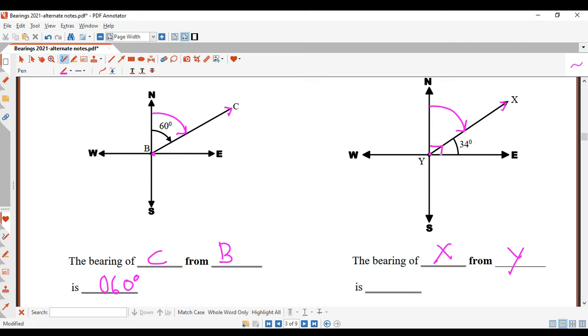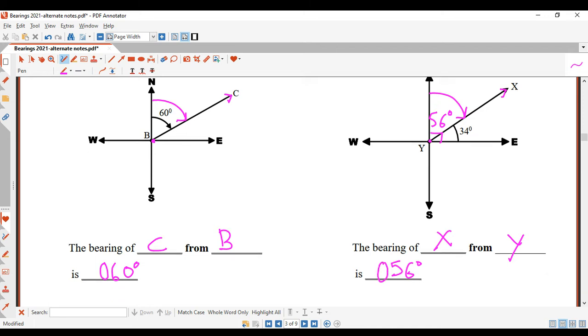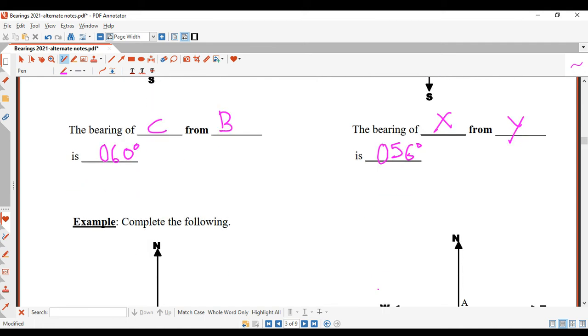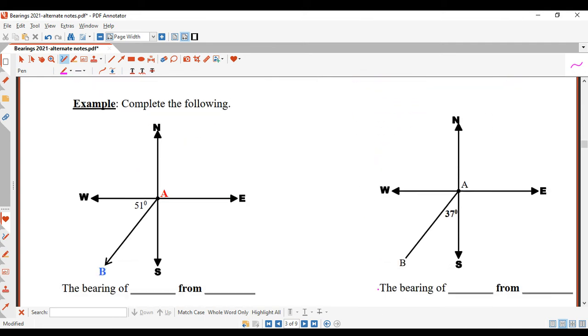Now we know that this angle here in total is 90. 90 take away 34 is 56. Okay, so 56 degrees. Now again, we could write down 56, but that wouldn't be entirely correct. For a three-figure bearing, you must have 3 digits, so 056 degrees.